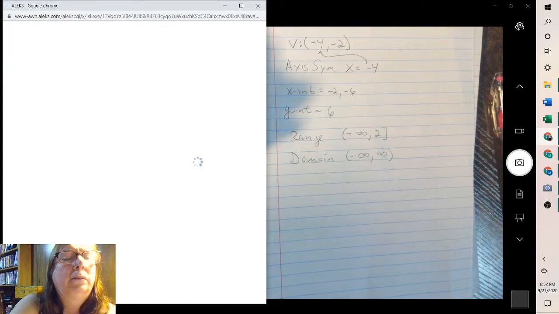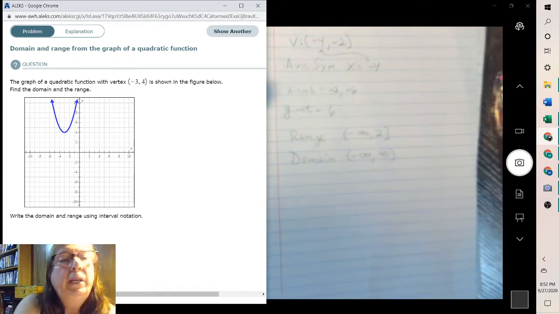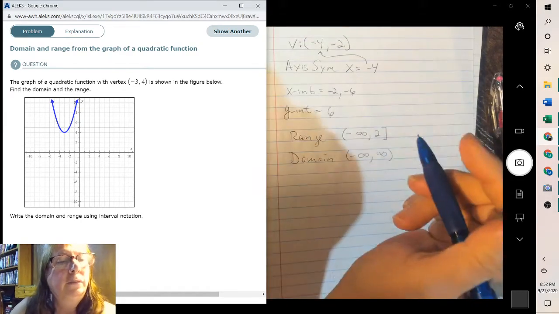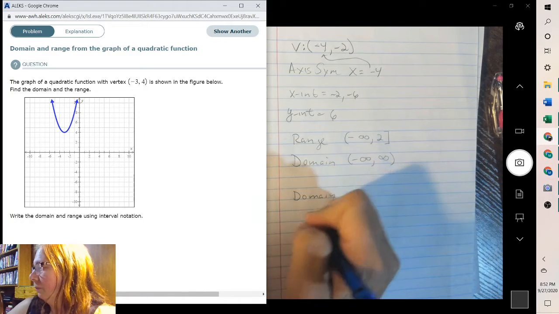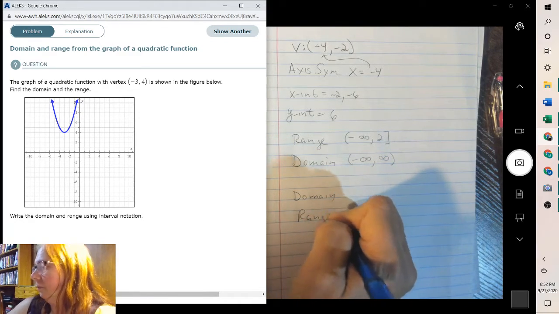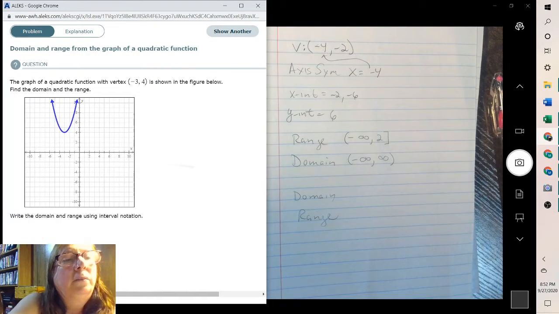A nicer one. Go up. There we go. So the domain of this one, well, what did they ask for? Oh, they asked for domain first this time. So the domain, this is going to keep going in both directions, this way and this way.